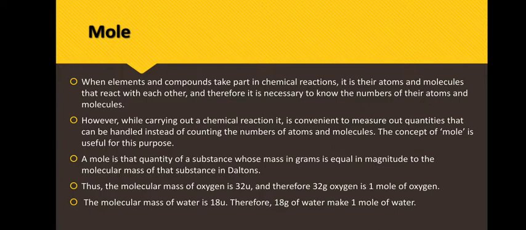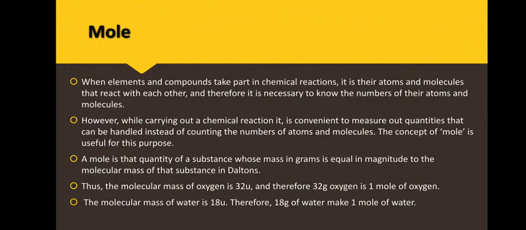That will be your molar mass of hydrogen, not molecular mass. It will be your molar mass, because it is the mass of 1 mole. So 1 mole of hydrogen is equal to 1 gram of hydrogen. And thus, the molecular mass of oxygen is 32 units, and therefore 32 gram oxygen is 1 mole of oxygen.